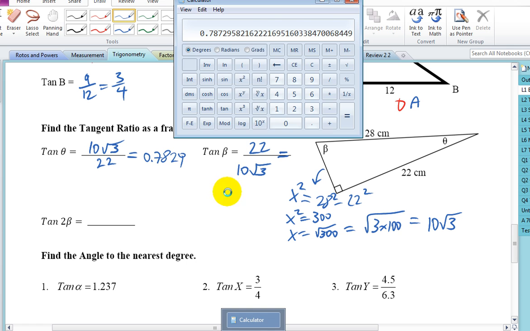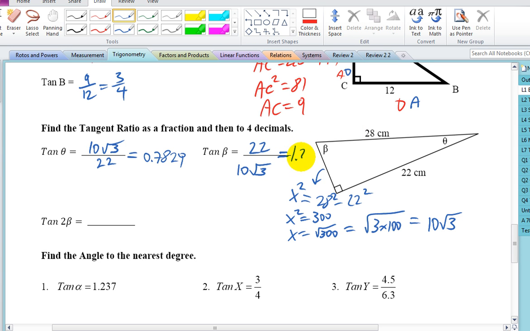Okay. And for the next one, 22 divided by square root 300, 1.2701, sorry.